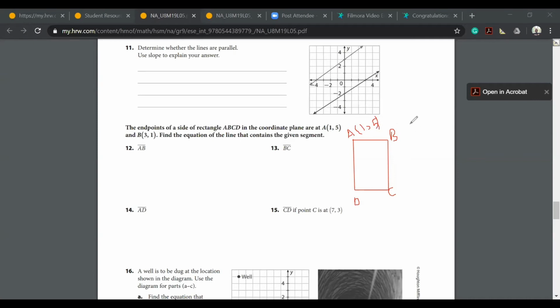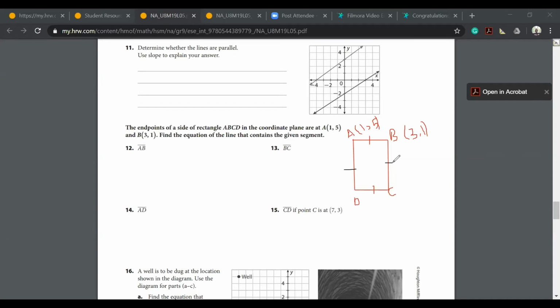So A is (1, 5), and B is (3, 1). Of course, you know in a rectangle that this side is equal to this side, right? And also, this side is equal to this side, right?